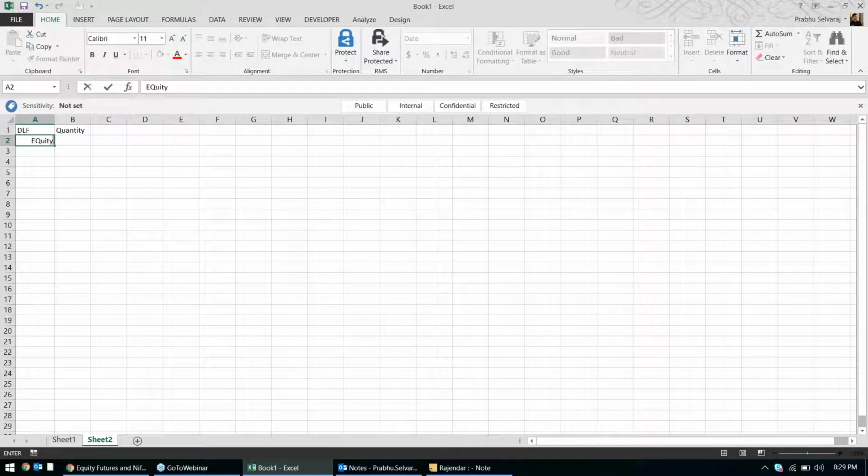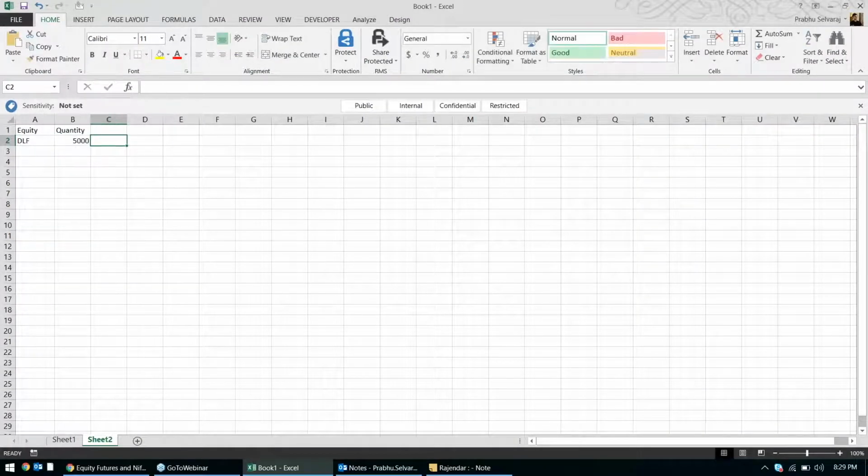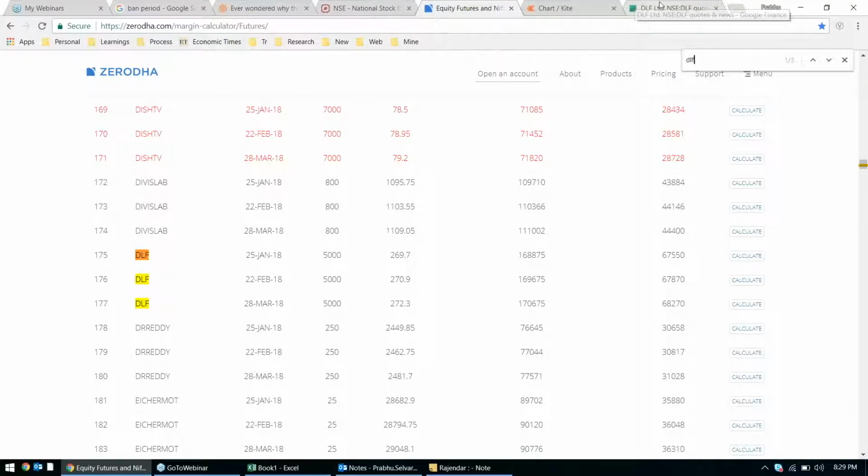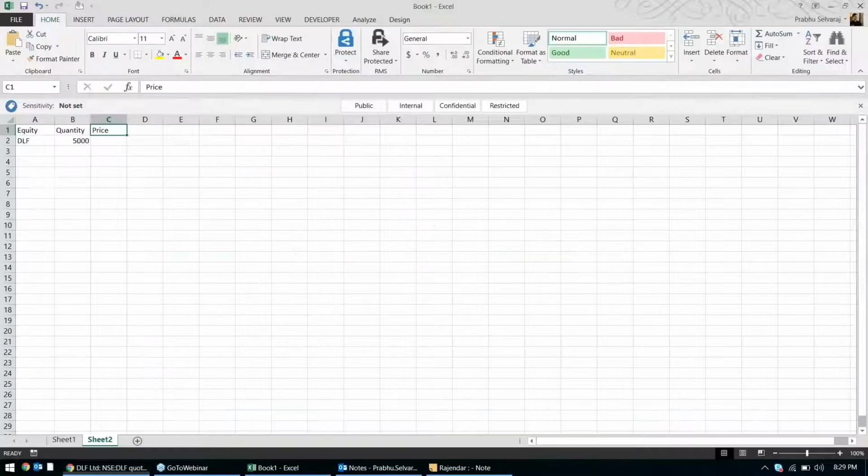Quantity, equity, DLF. Now just watch it carefully. So lot size is 5,000, so we'll take 5,000 shares of this. And price is 265.